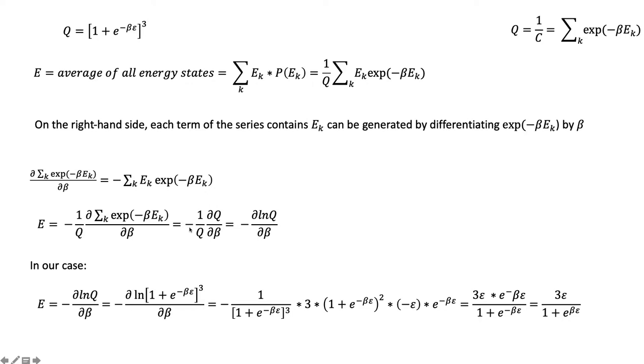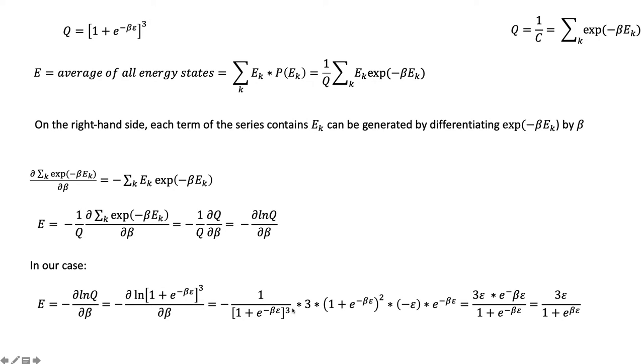This is also the negative of the derivative of ln of the partition function with respect to beta. In our case, ln Q is ln of 1 plus e to the power of negative beta epsilon, to the power of 3, which gives negative 1 over 1 plus e to the negative beta epsilon to the power of 3, times 3.